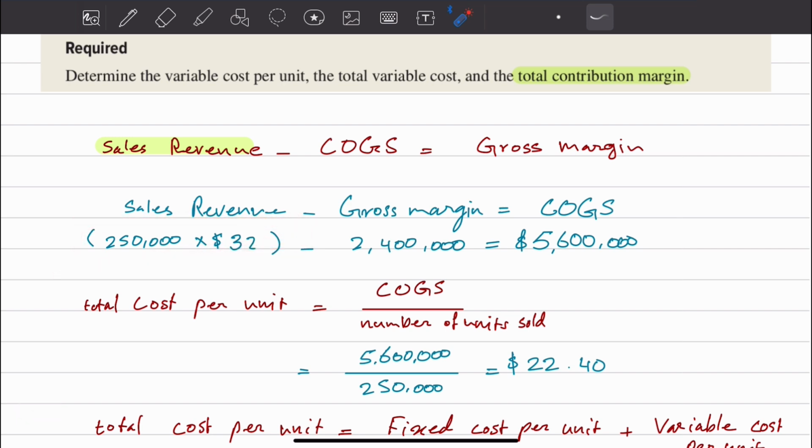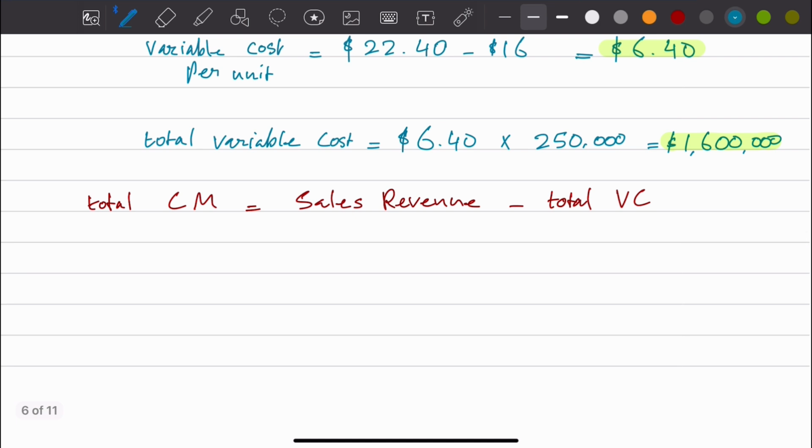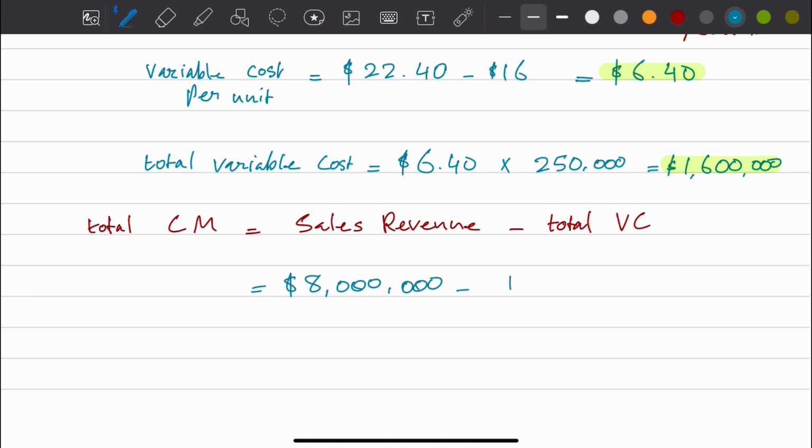This is 250,000 watches multiplied by $32 per watch. That's 8 million. So $8 million minus the total variable cost, which is $1,600,000.